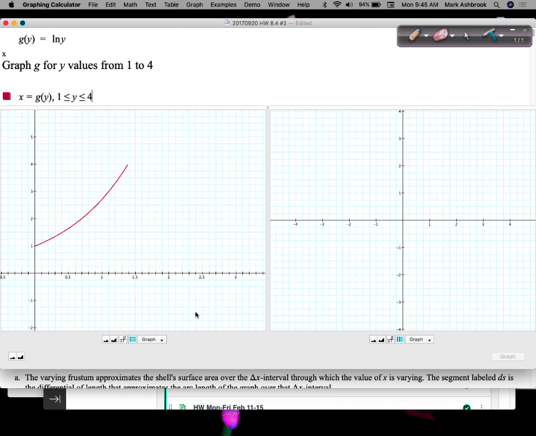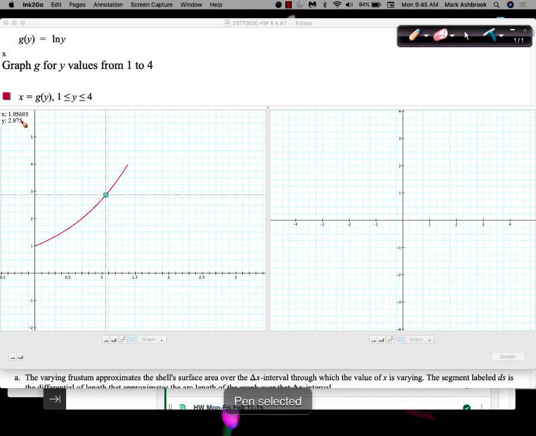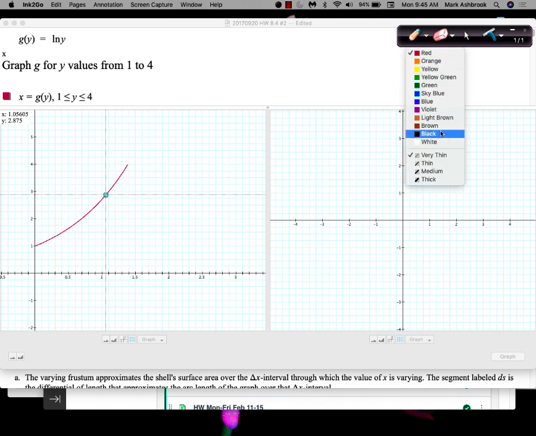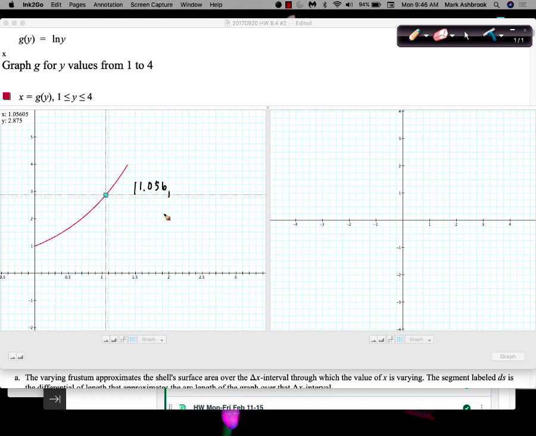Just so we make sure we're understanding this graph, let's pick a point and interpret it. I'm going to pick a point in this graph, just right there. This is the point 1.056, comma, 2.875.